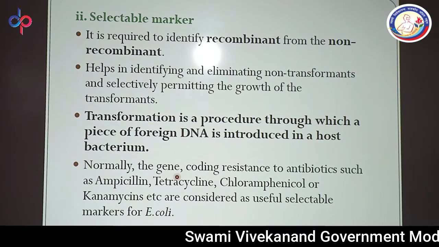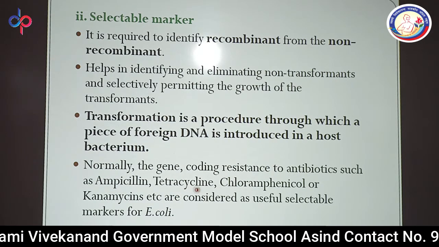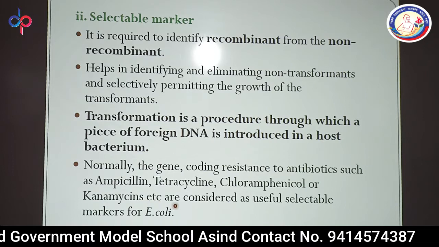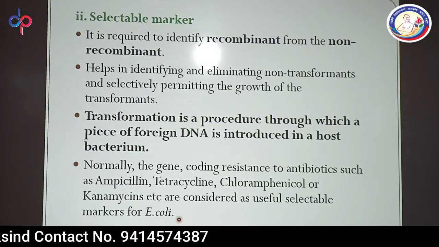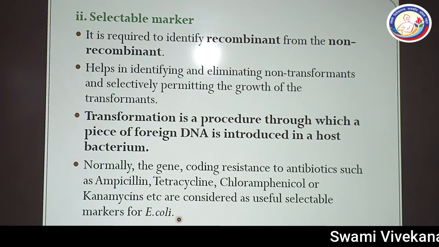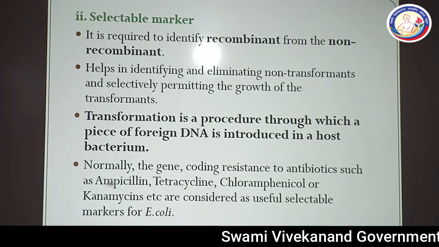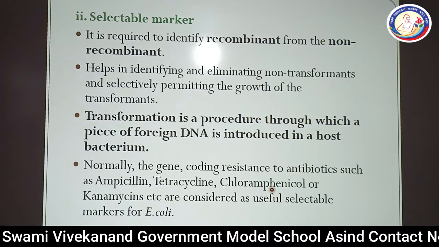Normally, the genes coding resistance to antibiotics such as ampicillin, tetracycline, chloramphenicol, or kanamycin, etc., are considered useful selectable markers for E. coli. So if you are going to prepare the cloning vector from E. coli, then you can use these antibiotic resistant genes as selectable markers.